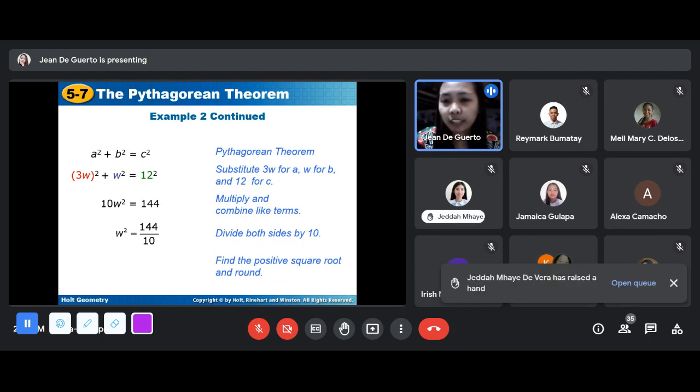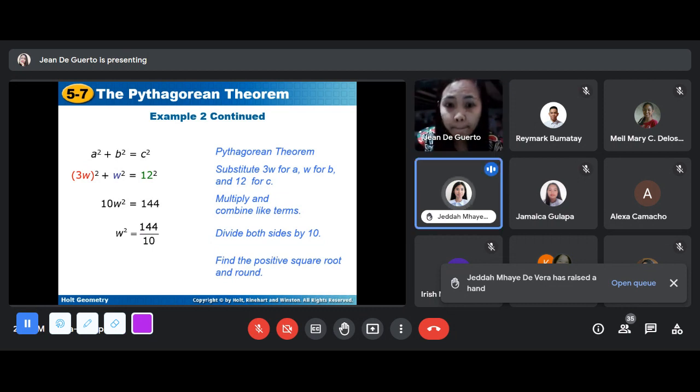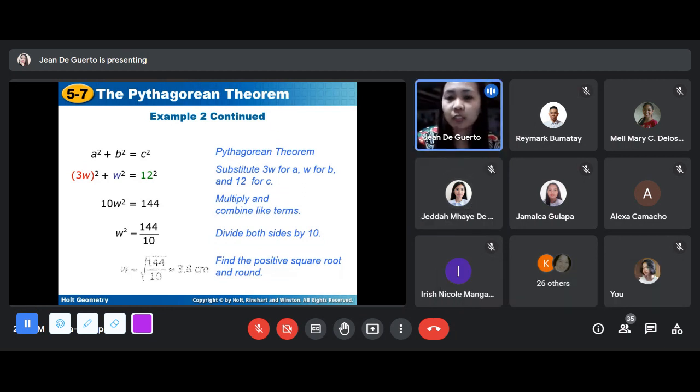So, square root of 144 over 10, yes, Jeda? Ma'am, 3.8 centimeter. Yes, very good. So, you have 3.8 centimeters. Okay, naka-round off na. So, take note pag nag-round off kayo, hindi equal sign ang gagamitin nyo ha.